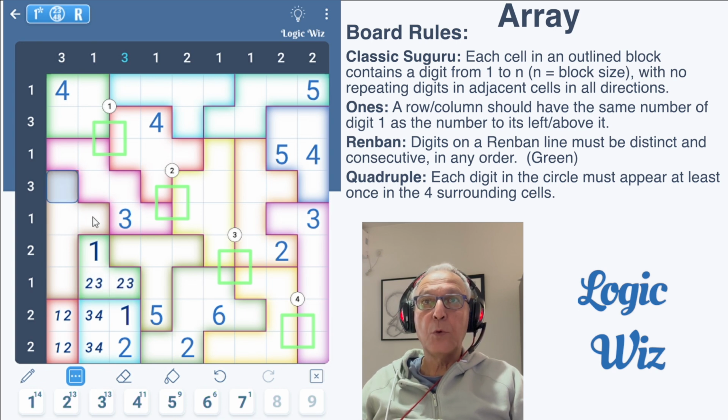Now in this block, 1 cannot go in any of these 4 cells. So 1 has to go here. What about this block? 1 cannot be here, so 1 has to be in one of these 2 cells.